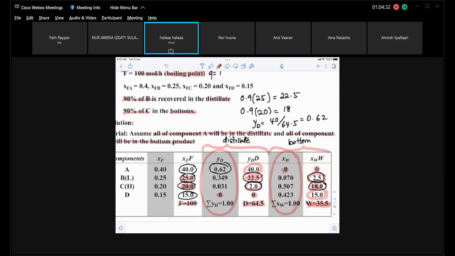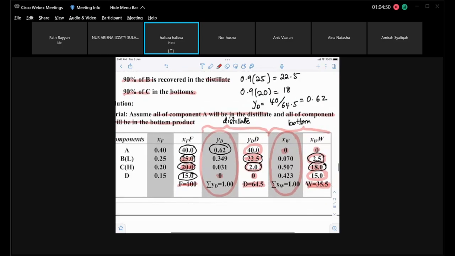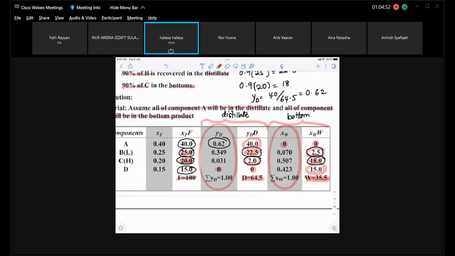But this is not the final answer yet, because your calculated distillate composition and the calculated bottom composition are based on the assumption that all of A will be in the distillate and all of D will be in the bottom product. So now what we're going to do next is find the boiling point of the bottom product.